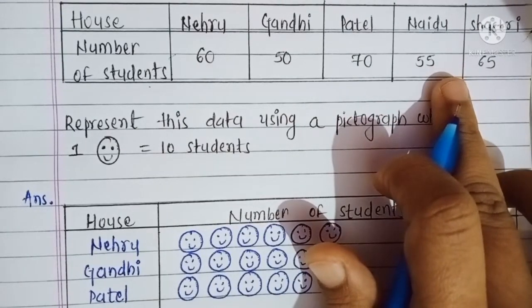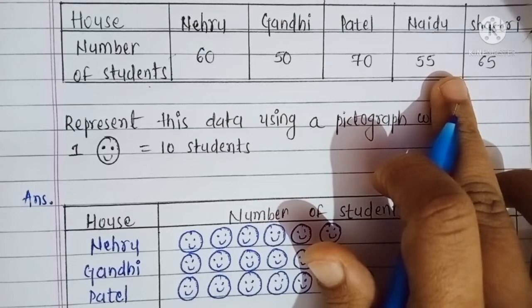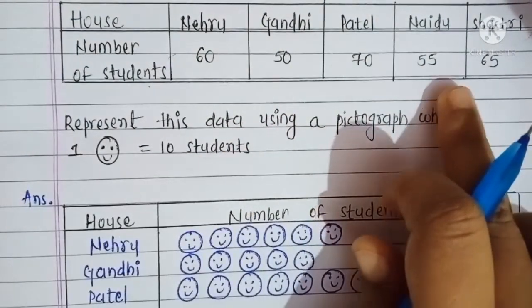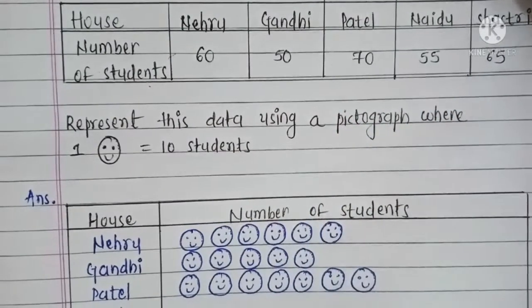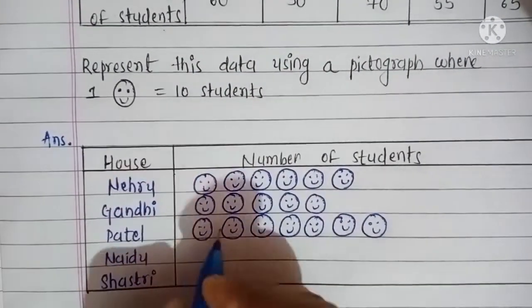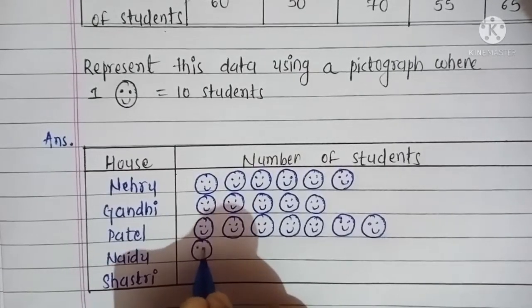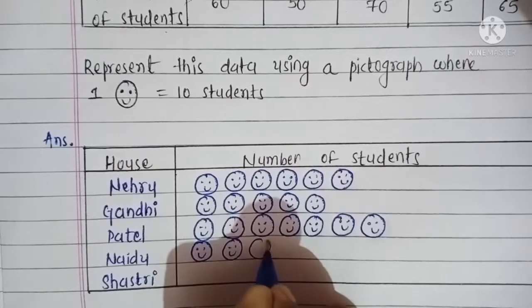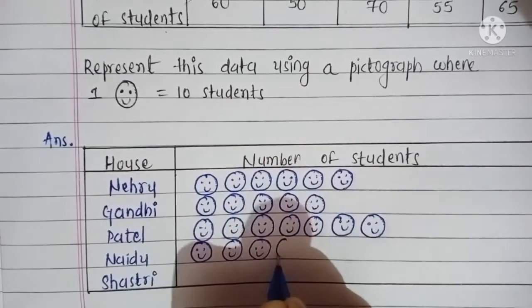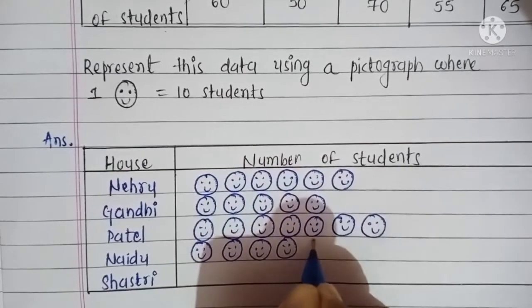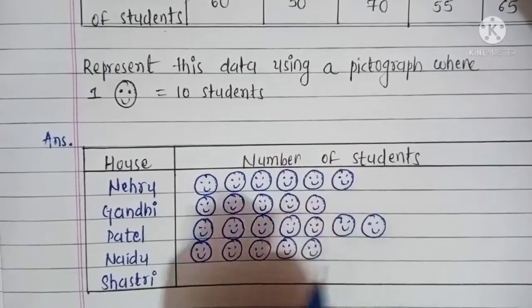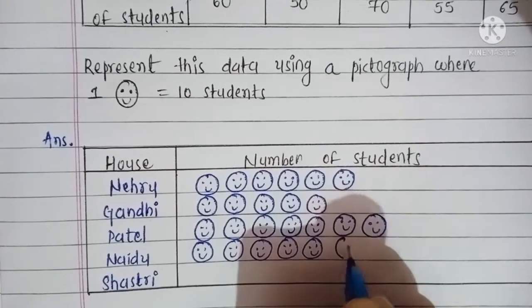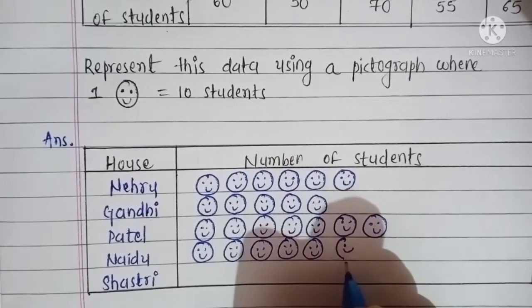So we draw 5 smileys for 50 students and draw a half smiley for 5 students. Five smileys mean 50 and next we draw a half smiley for the next 5.